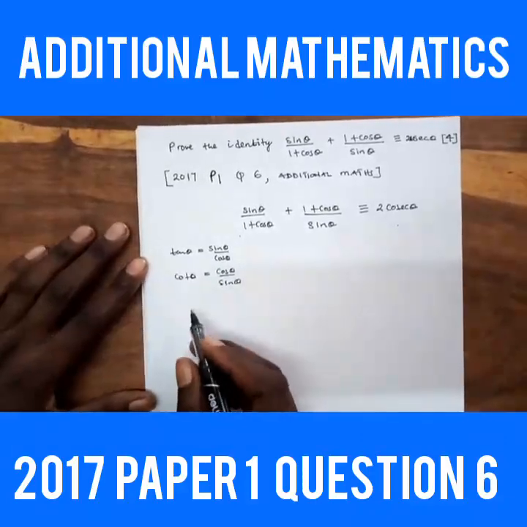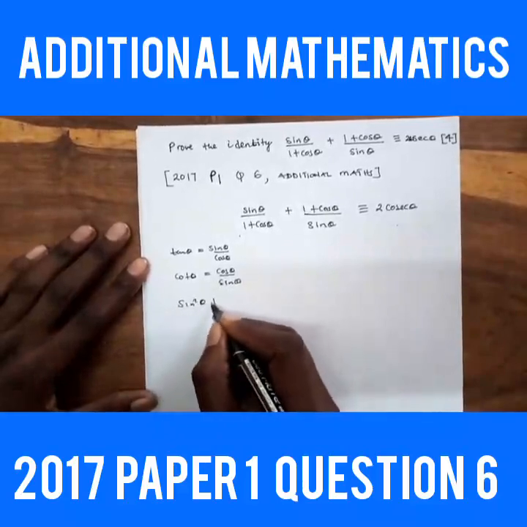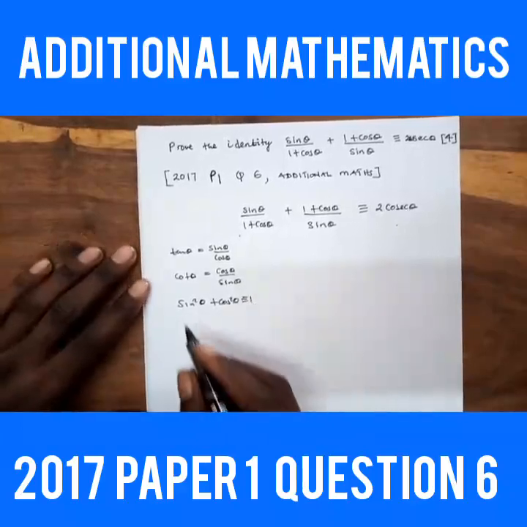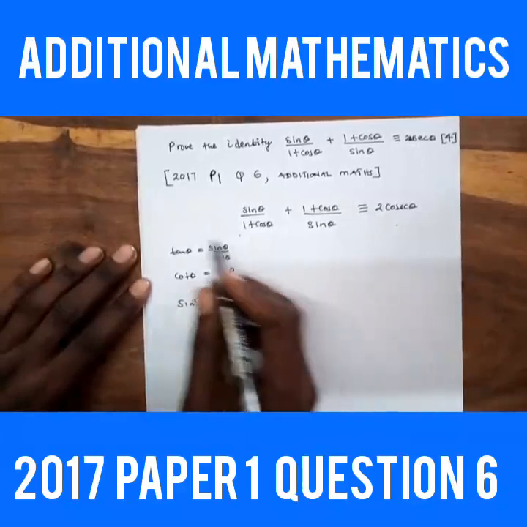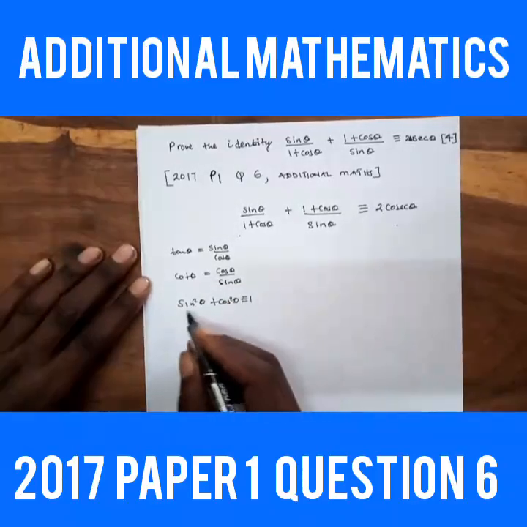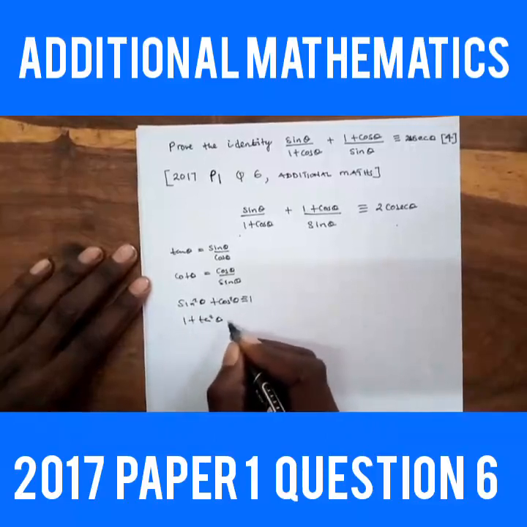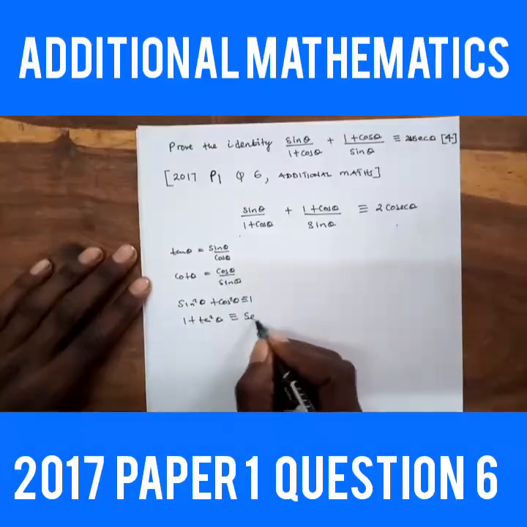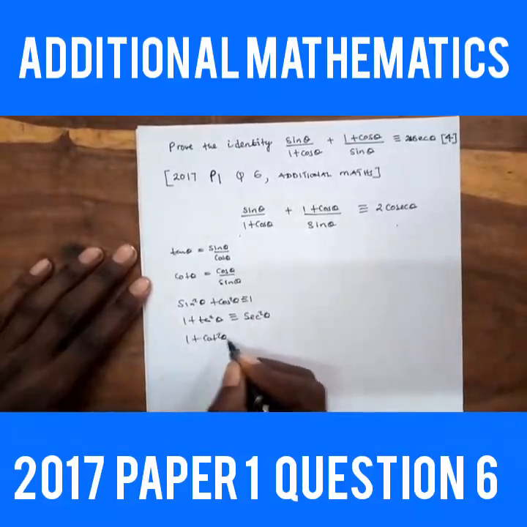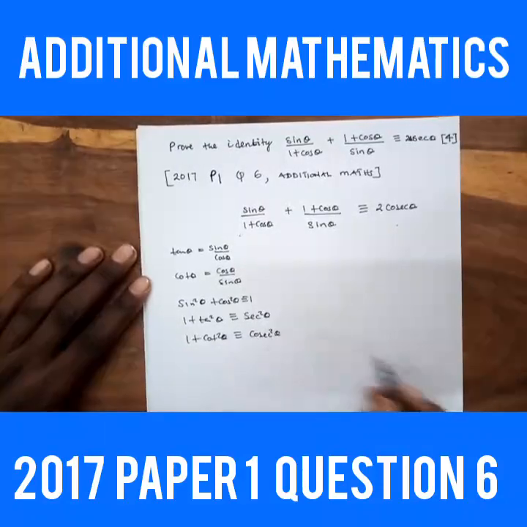And one of the Pythagorean identities, which is sine squared theta plus cos squared theta identical to 1. We can build a lot from here. What else can we have? 1 plus tan squared theta is identical to sec squared theta. 1 plus cot squared theta is identical to cosec squared theta.